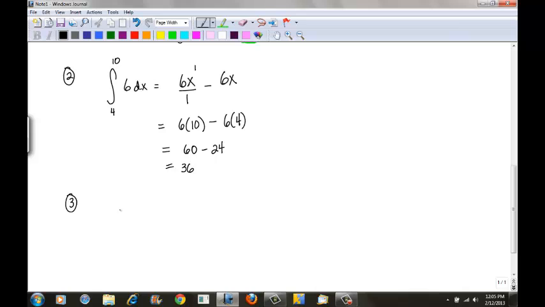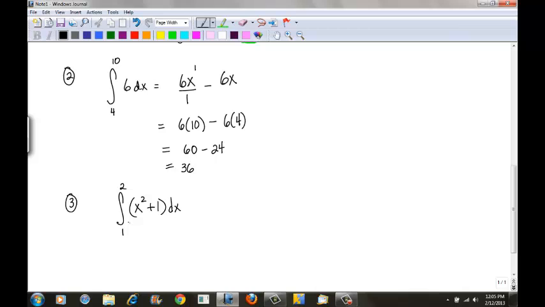So I have the definite integral of x squared plus 1, that quantity, with respect to x from 1 to 2. Now, depending on which way you like to work it best, some people will split this up into two integrals.